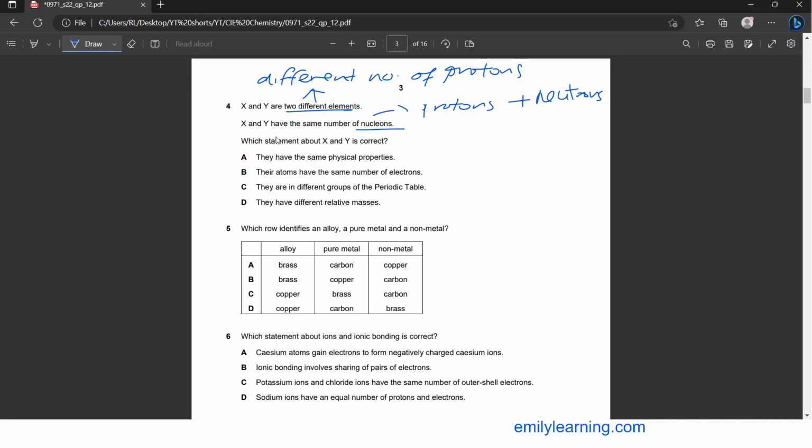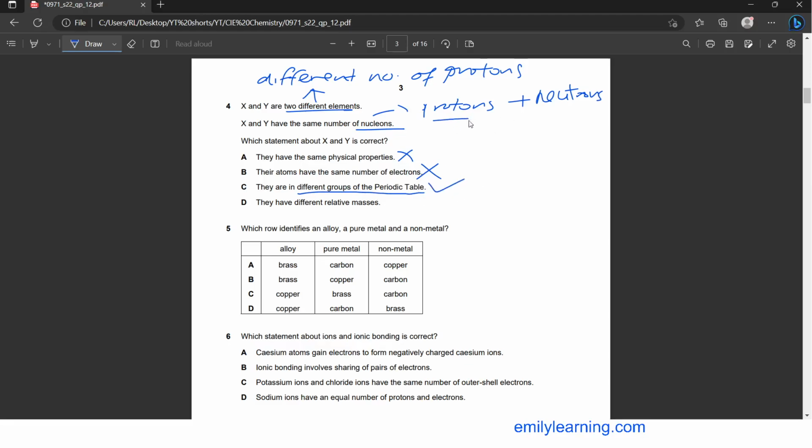So which one is true? They have the same physical properties. Okay, no, not necessarily. The atoms have the same number of electrons? No, because you have different numbers of protons, you have different numbers of electrons for the atoms. They are in different groups of the periodic table. Likely, yeah, okay, so yes, they are.